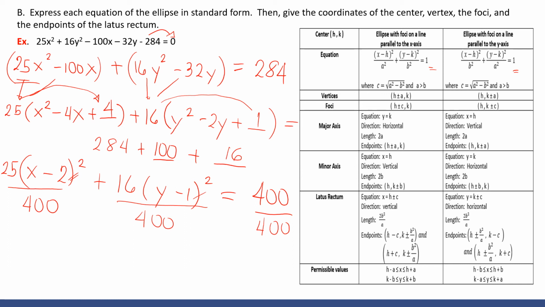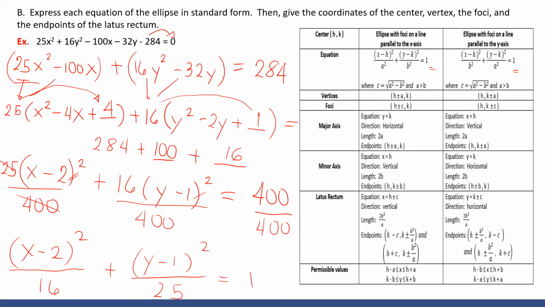Now, simplify. 25 and 400 can be divided by 25. Magiging itong x minus 2 quantity squared all over 16, while the other is y minus 1 quantity squared all over 25 equals 1.